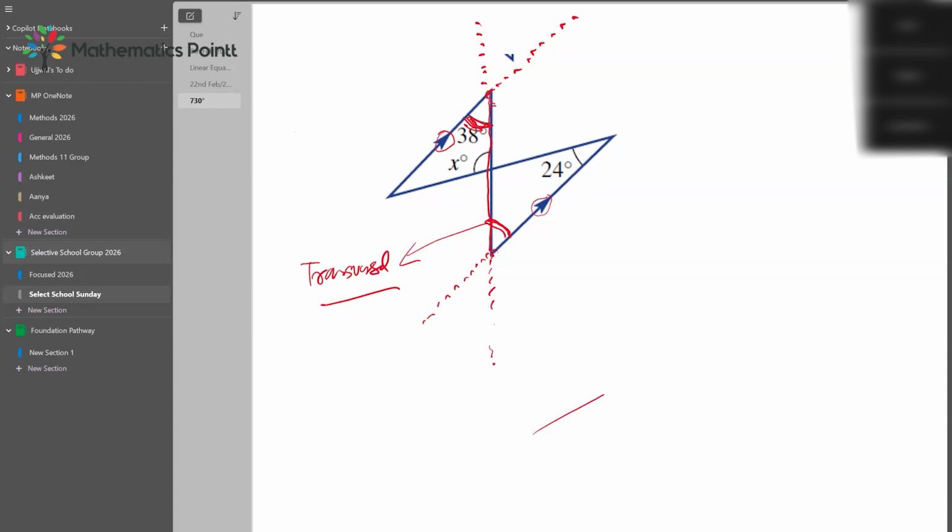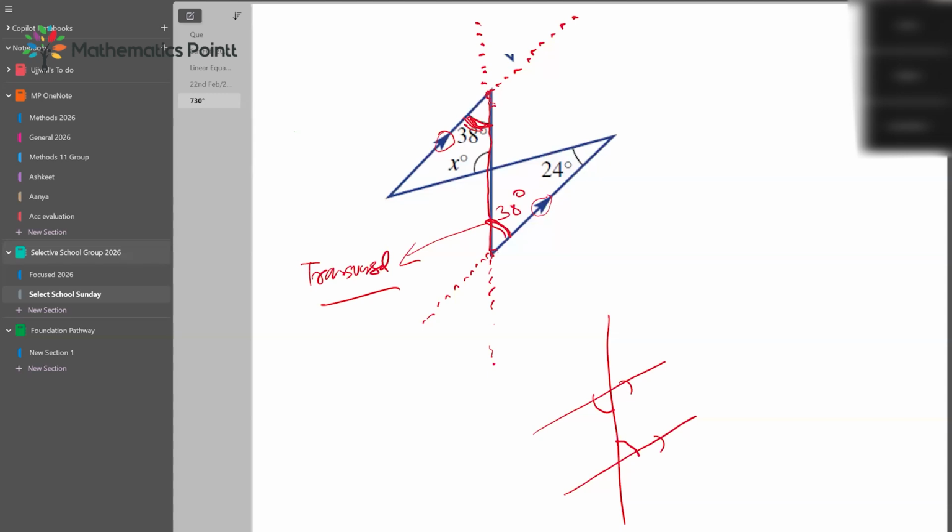If I have these two parallel lines and this one, so this angle and this angle, what are these? Vertically opposite angles? Are they vertically opposite angles? Seriously? Alternate angles. So this will be 38 degrees.